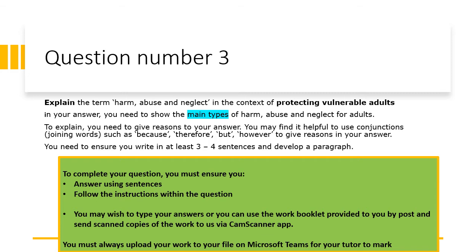So for example, such as because, therefore, but, however. This will help you to give the reasons in your answer. So you need to also ensure you write at least 2 to 3 sentences, and again developing a paragraph within your answer. So pause the video here now and answer question number 3 in your workbook.